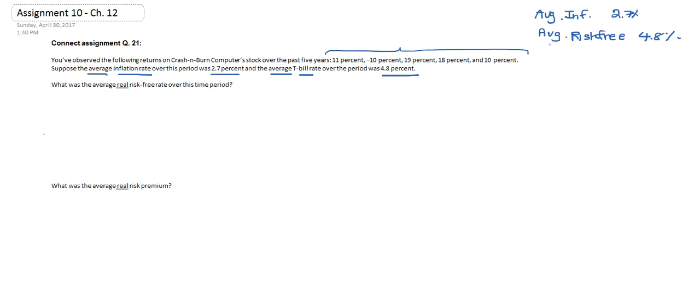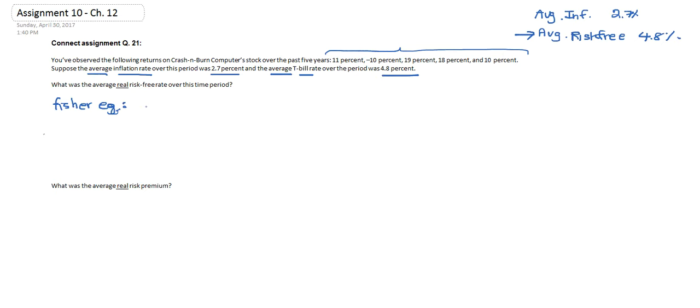So we have here the average risk-free rate. How can we make this become the real average risk-free rate? If you recall from the Fisher equation, we learned that inflation included in the return rate is called the nominal rate. It doesn't reflect the real purchasing power of your investment return.